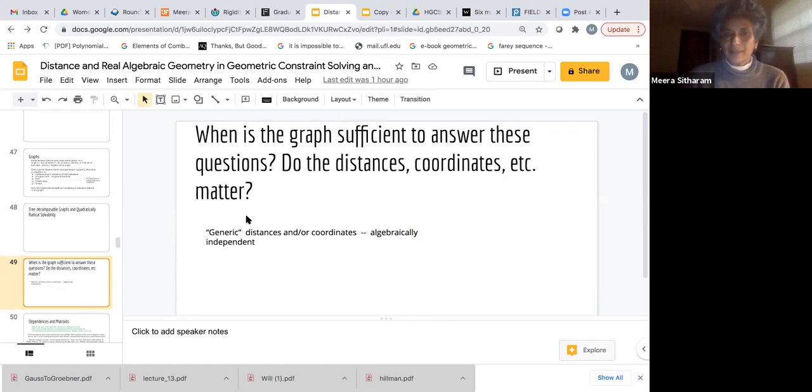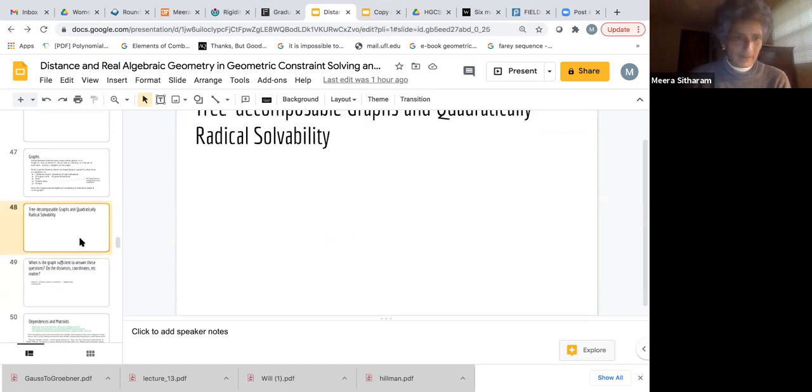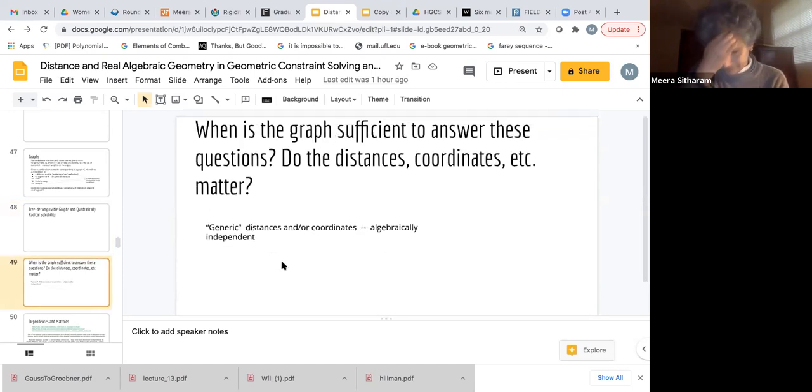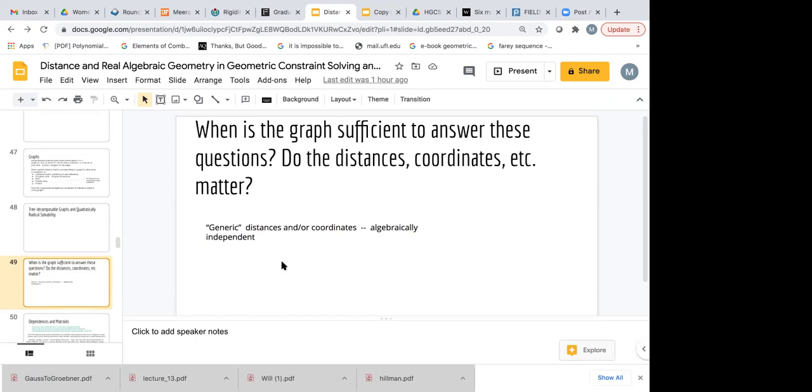So I guess Tony has already covered generic and all this. People who are attending Tony's class, he's already obviously talked about generic coordinates and generic frameworks and so forth, right? Yes. Okay.